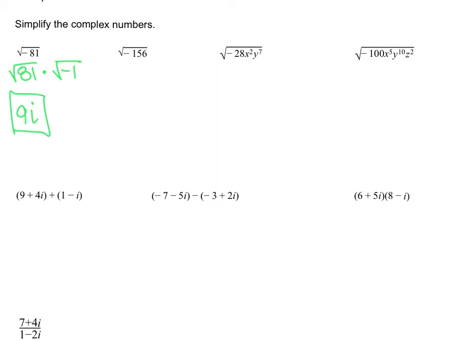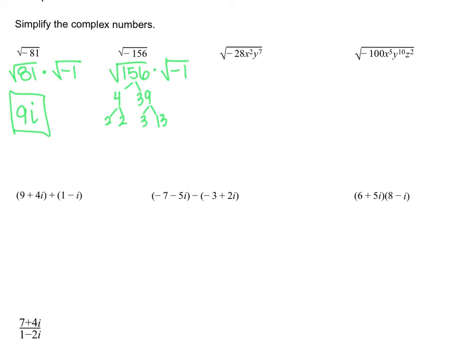Next, we have the square root of -156. We're going to break it down the same way: the square root of 156 times the square root of -1. Now, 156 is not a perfect square, so we're going to break it down like we did in Module 3. We break it down as 4 and 39. 4 breaks down as 2 and 2, and 39 can break down as 3 and 13.